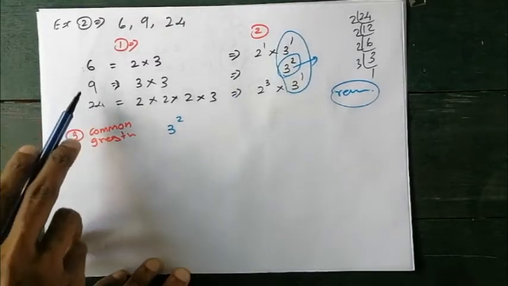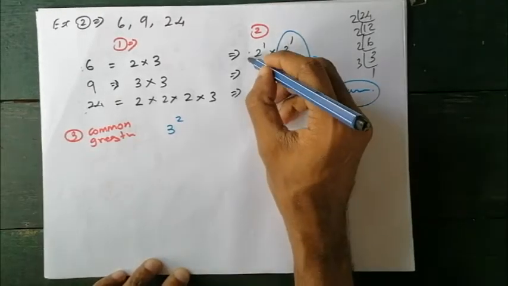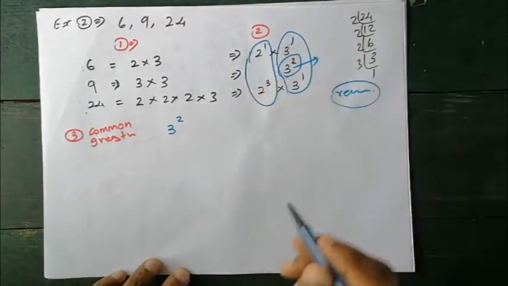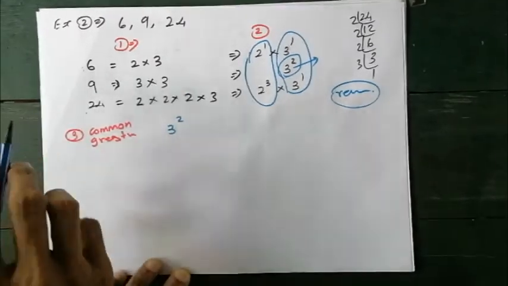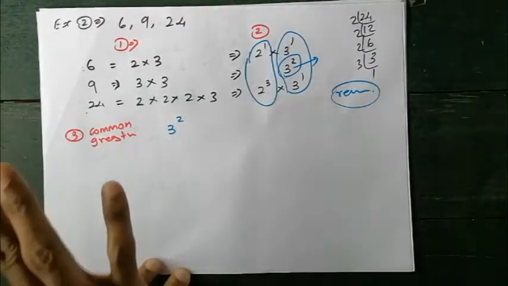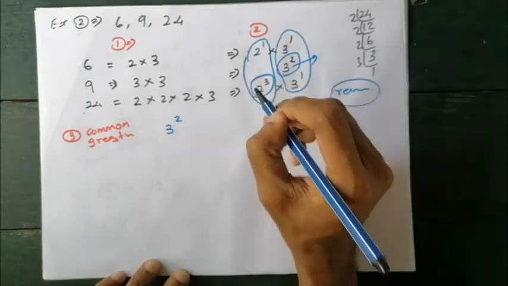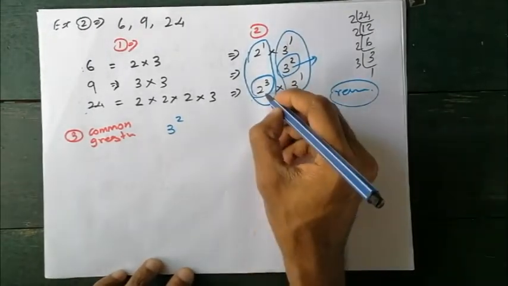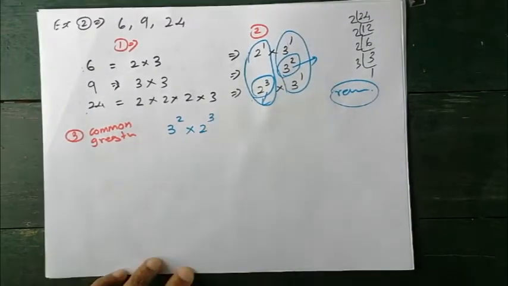For two of the values we have another common factor. 2 is also common. Common for only 2, it's not a problem. So the greatest power is 3, 2 to the power 3. We take out only the greatest power.